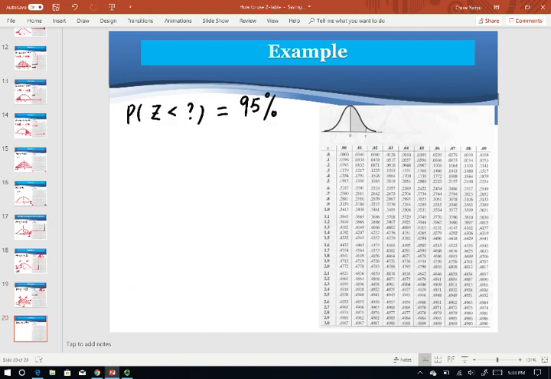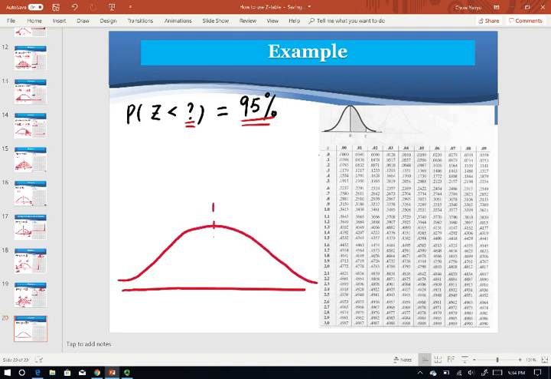Okay, let's see one more. Smaller than which number? It will be 95%. So let's draw the curve again. The middle is 0, and this is 50% and this is 50%. Smaller than which number? It will be 95%. From our common sense, it should be on the right.